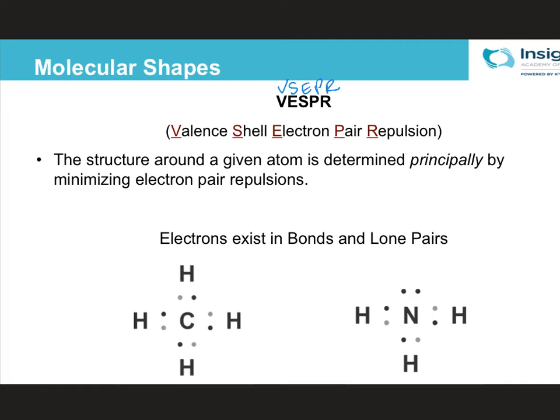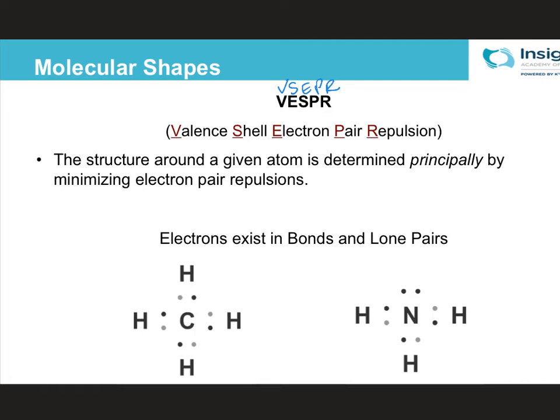All right, and this theory, which is backed up by lots of evidence, makes sense if you think about the molecules spreading out their paired electrons as much as possible. Those electrons are all negative, so they repel each other.